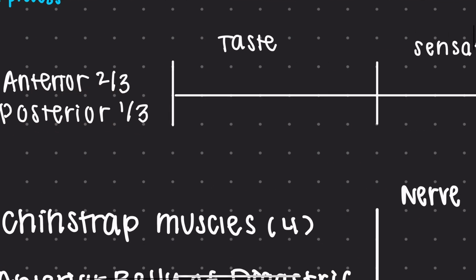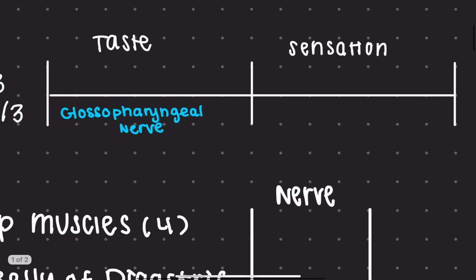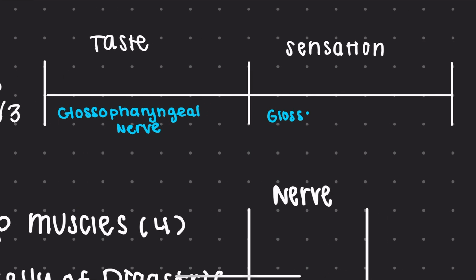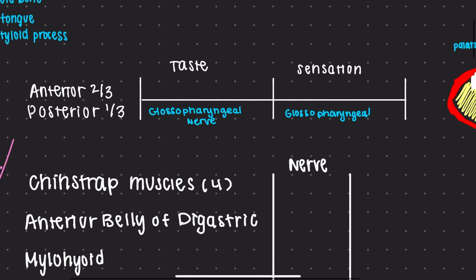Now, the posterior 1/3 has the glossopharyngeal nerve, providing both taste and general sensation. And this is, if you remember from my last video, cranial nerve number 9.